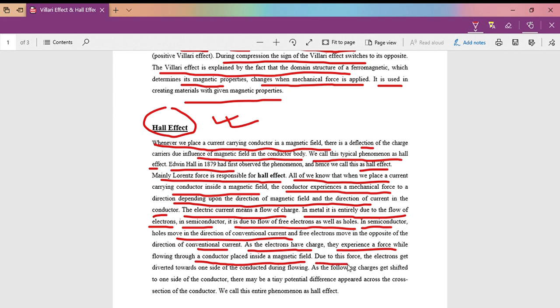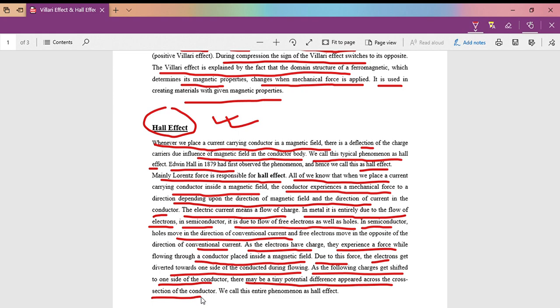Due to this force, the electrons get diverted towards one side of the conductor during flowing, right? As the flowing charges get shifted to one side of the conductor, a tiny potential difference may appear across the cross section of the conductor.